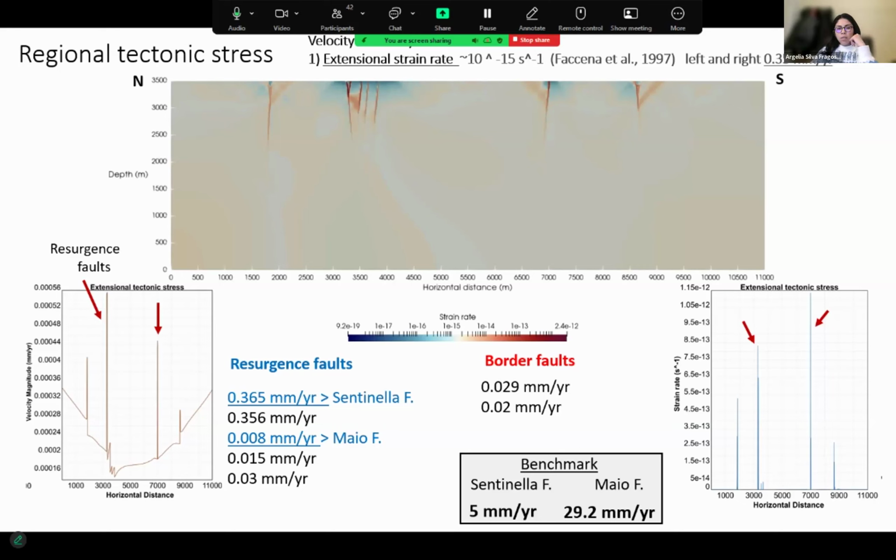Here, in blue letters, you can see how the values are too low in comparison with my benchmark. Of course, there is a deformation imposed by this tectonic extension, but it's not enough by itself.